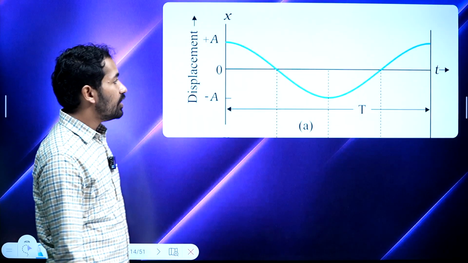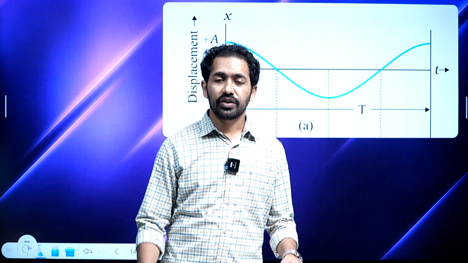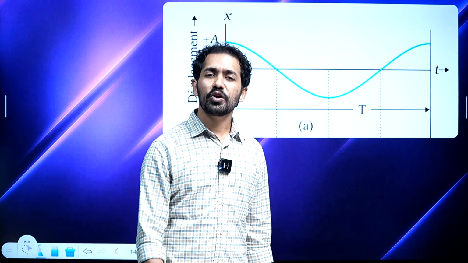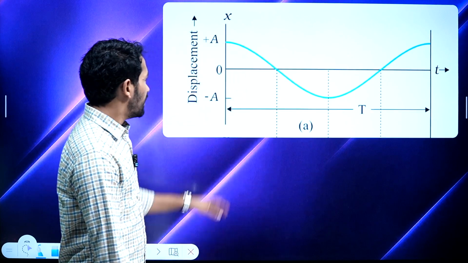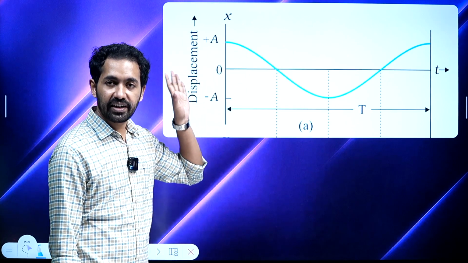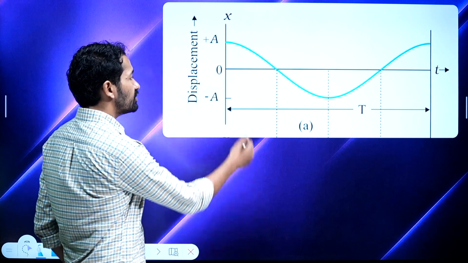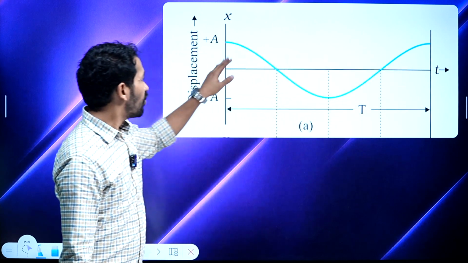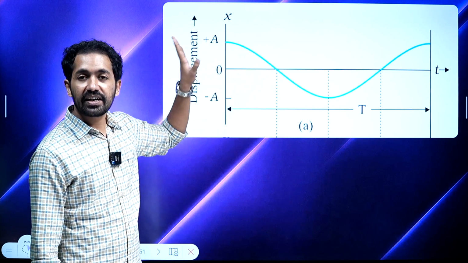Okay. Now you will see here, first one, I am going to draw the displacement time graph. How to draw the displacement time graph? Let's see the graph where the particle is right now. At time t equal to 0, in x axis you are representing time, and along y axis you are representing the displacement.